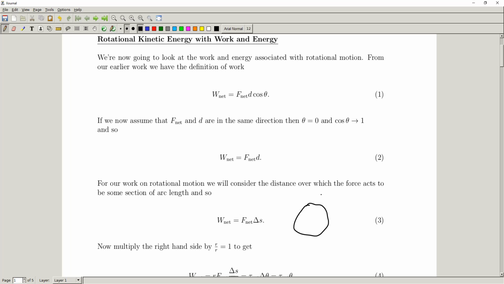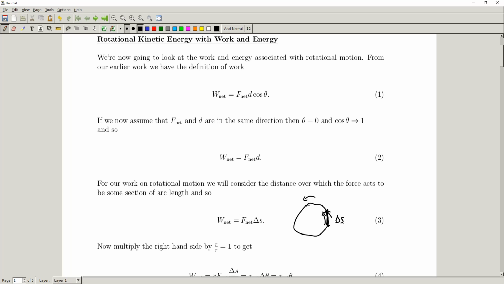So imagine we have a merry-go-round again, and we're applying some sort of force, and this thing is rotating in this direction. We keep applying the force here, but the object rotates until this part is somewhere up here. We've covered this section of arc. This is our delta S.